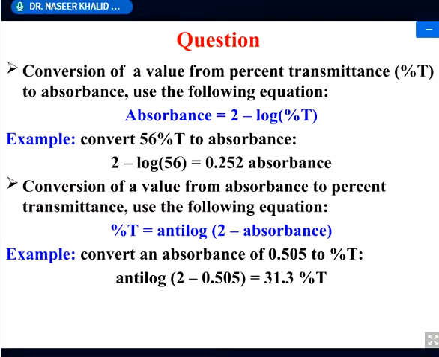Now, if we have a percentage transmittance, we can convert it into absorbance with the help of a very simple equation: absorbance equals 2 minus log of percentage transmittance. For example, convert 56% transmittance to absorbance.